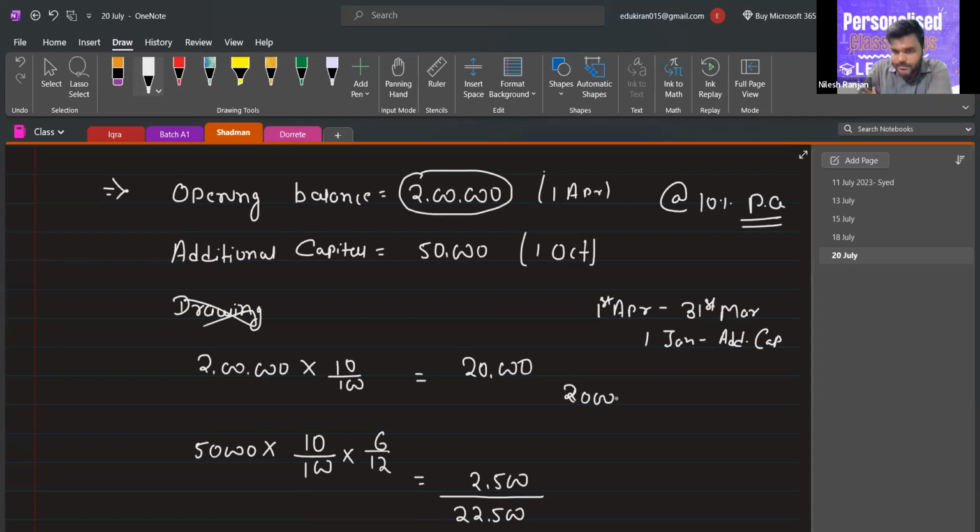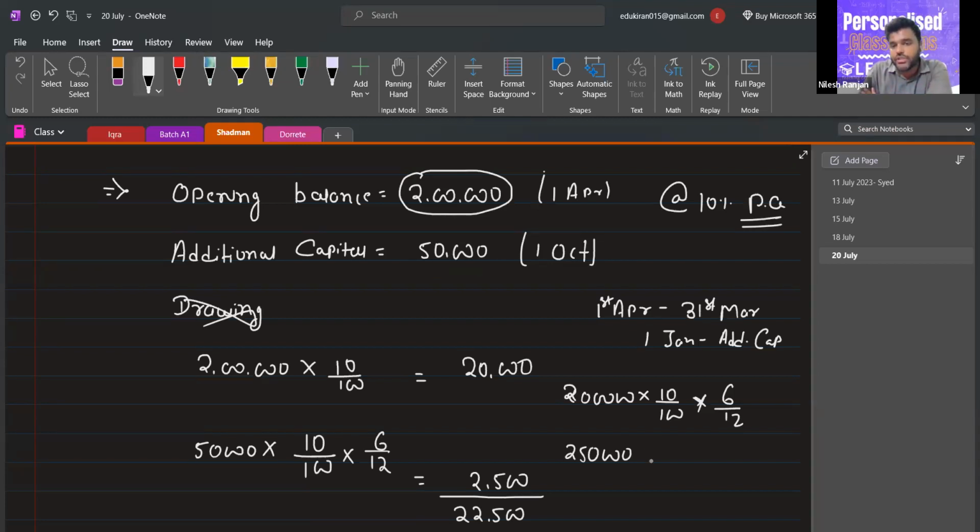So 2 lakh into 10% into 6 by 12. And after that, it becomes 2,50,000, because additional capital is introduced and it will be added to the opening balance.